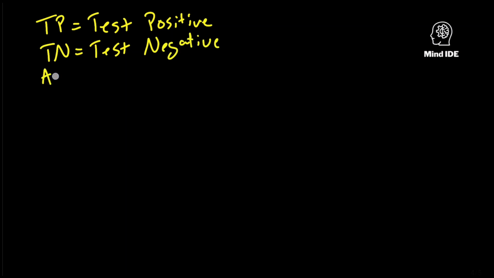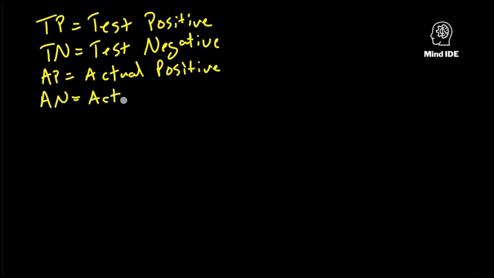AP, so this is actual positive, and AN is actual negative. So again, what does this mean? TP, test positive, is the test is positive. Test negative, the test is negative. AP, actual positive, is the person is actually positive for the disease. AN, actual negative, the person's actually negative for the disease.